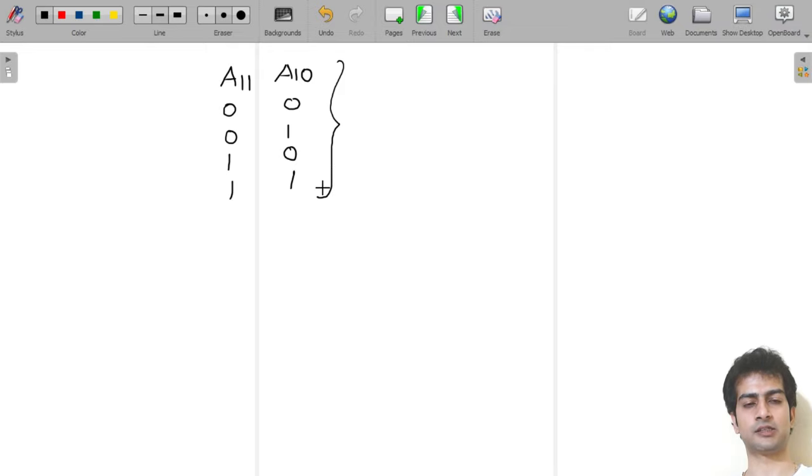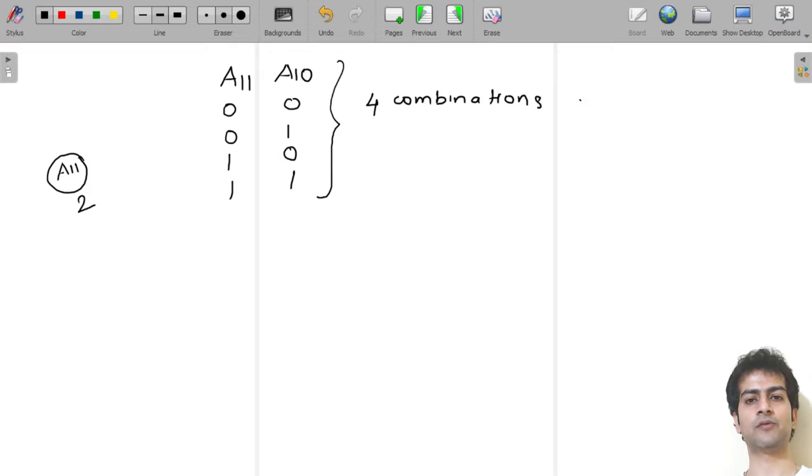When only A11 was not given, there were two combinations. When nothing is defined for the address lines A11 and A10, there are four combinations, that is, we will get four ranges.